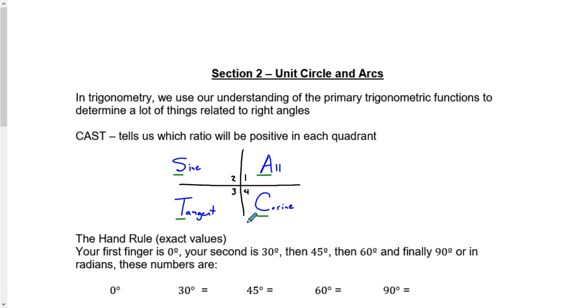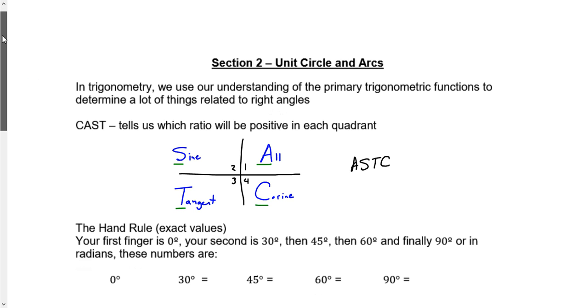Yes, it doesn't fully make sense that we start down in quadrant 4, but it's the easiest way to really remember, instead of trying to just go with ASTC. Not really the easiest thing to memorize.